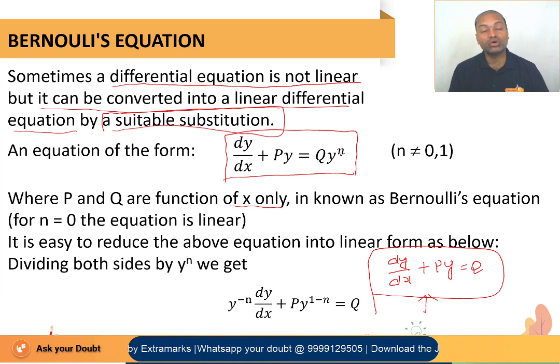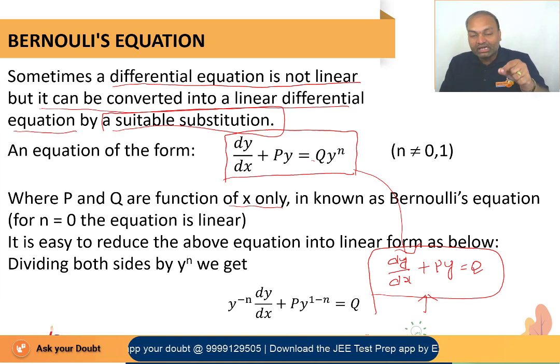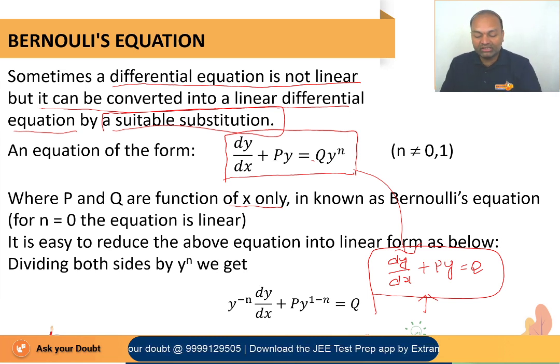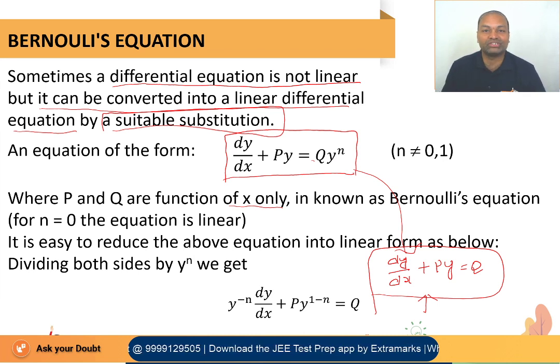Y power 0 is 1, and 1 into q is q. Right? So automatically that equation is in the form of a linear differential equation. So if n is equal to 0, then this equation becomes a linear differential equation. That is why we are not taking n is equal to 0.